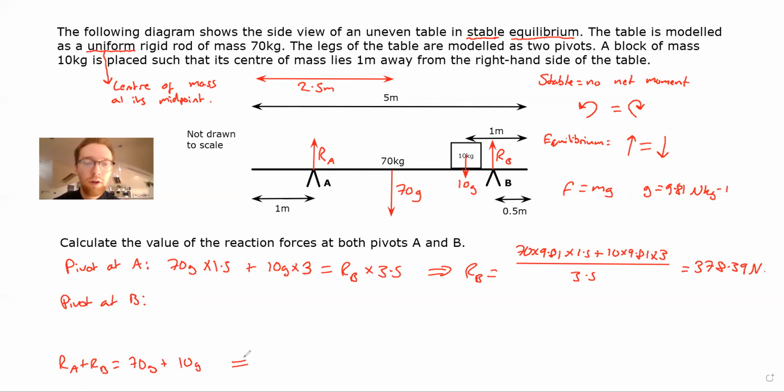So rearranging this, we just take away RB from the left-hand side. We get RA equals 80G, so that's our summation here, 80G minus RB, which equals 80 times 9.81, substituting in for G, minus RB, which we just calculated.